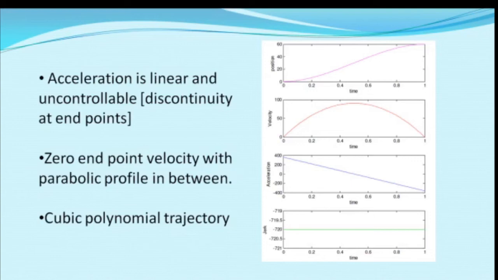Now, if you see velocity, it is a parabolic curve, with zero velocity at the end points, and this is the joint angle. So it's a cubic polynomial trajectory. So the main issue here is that acceleration is discontinuous at the endpoint, or uncontrollable.